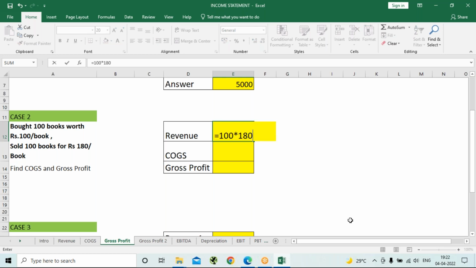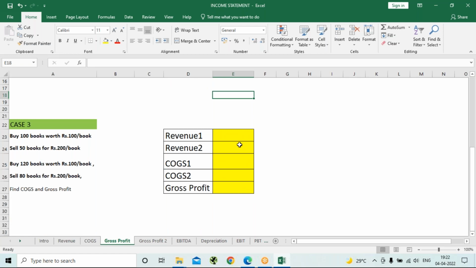And COGS value is 100 into 100, and the gross profit is going to be 18,000 minus 10,000, which is 8,000. Good, fine. So this is the case of two purchases and two sales. So how do we bring this?